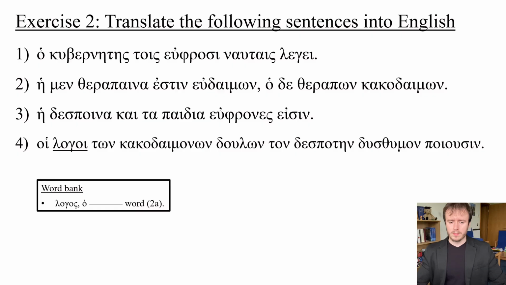Now, terapaina means maidservant and teraborn means servant, specifically a male servant. Now, a lot of the time you can just translate teraborn as servant, but here you should translate it as male servant, for reasons that I shall mention when we look at the translation. Please do pause the video and translate these sentences into English.